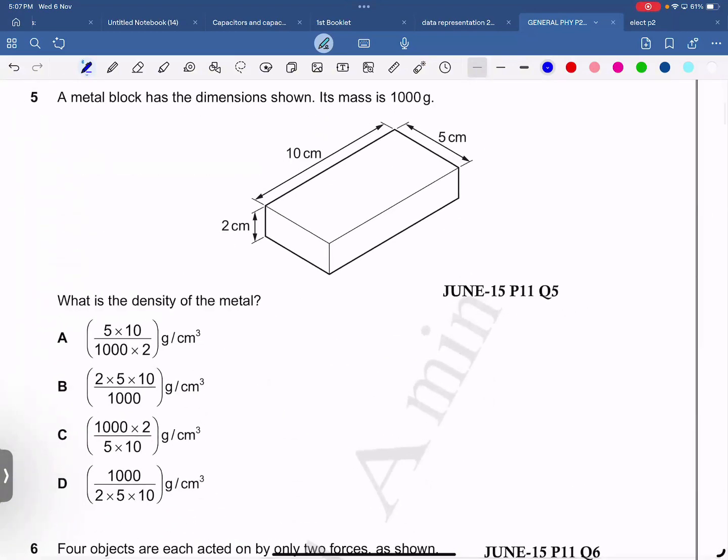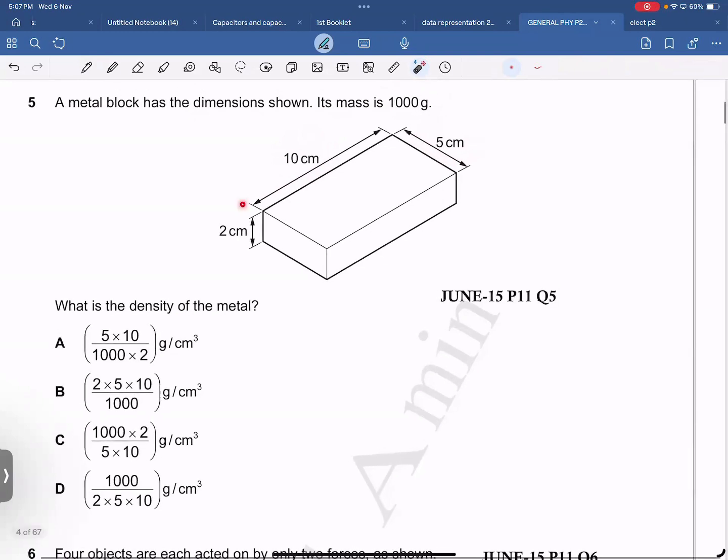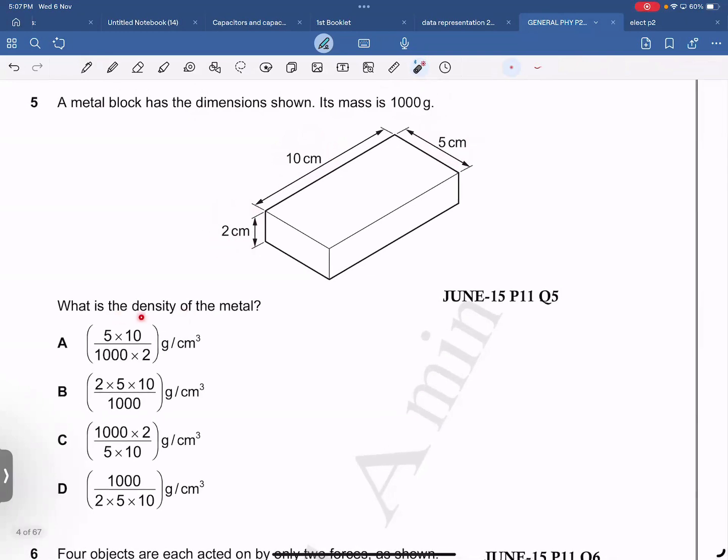Question number 5. A metal block has dimensions as shown. Its mass is 1000. You can see length is 10, width is 5, height is 2. What is the density? Density formula of anything is the mass divided by volume.